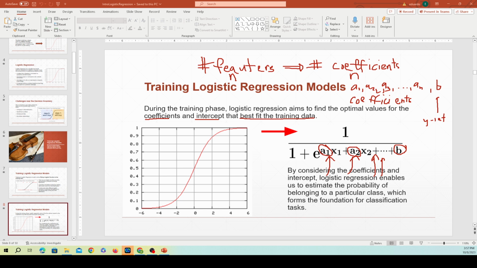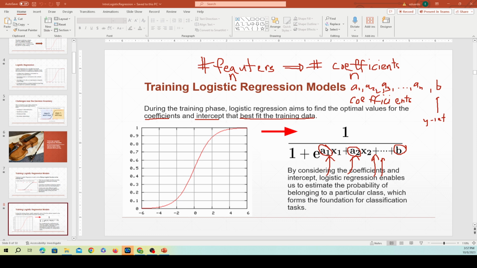Okay, so the way we train the data: the more data we plug in and train on, right? Remember, this is supervised learning. That means that we're going to provide the data the correct answer, and using that information, we're going to train the model. In other words, we're going to modify our A1, A2, and so on, so that we can best fit the data.